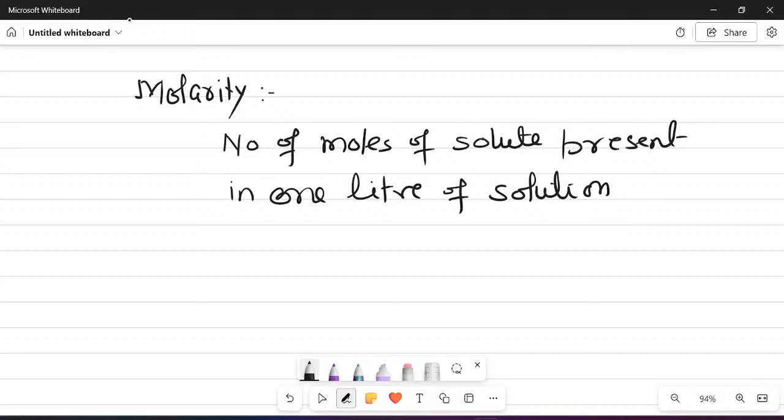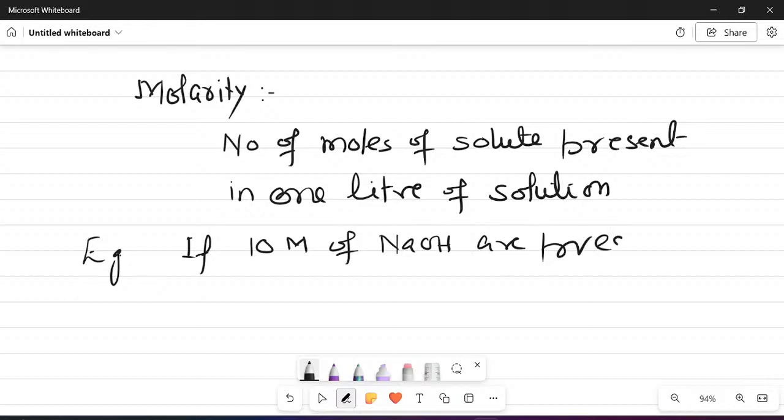For example, let's take an example. If 10 moles of NaOH are present in 1 liter, then what will the molarity be?